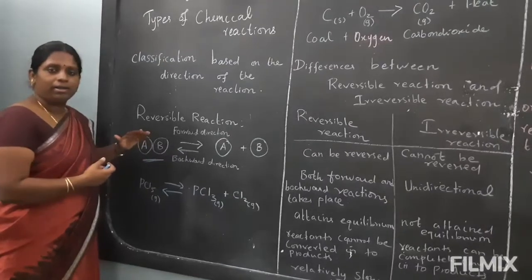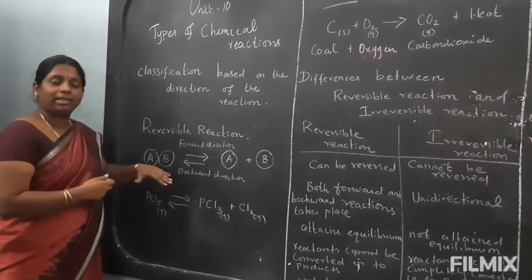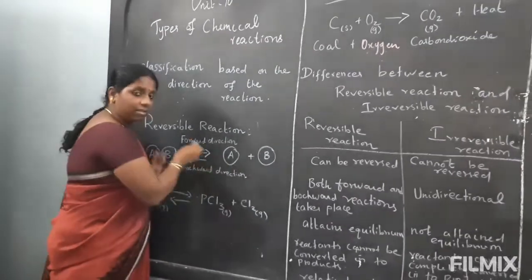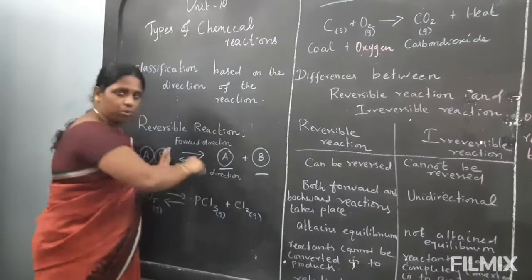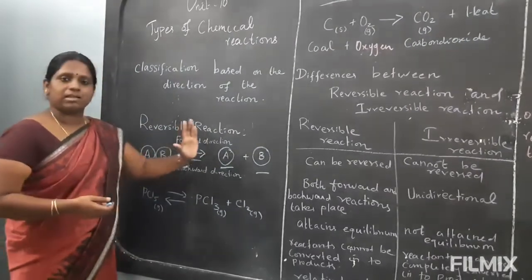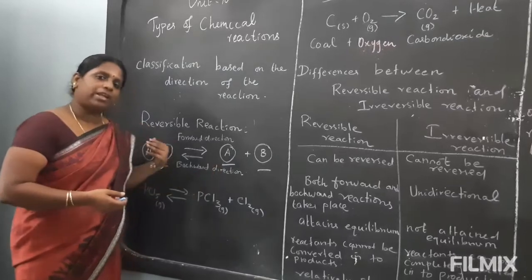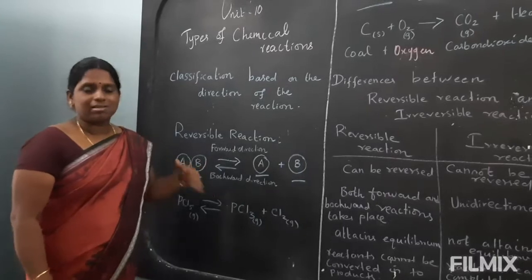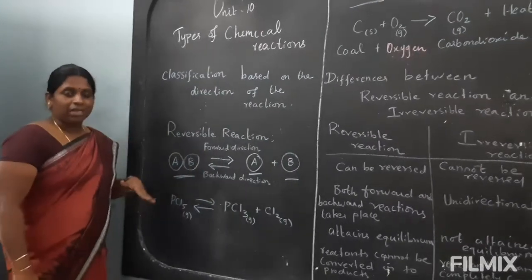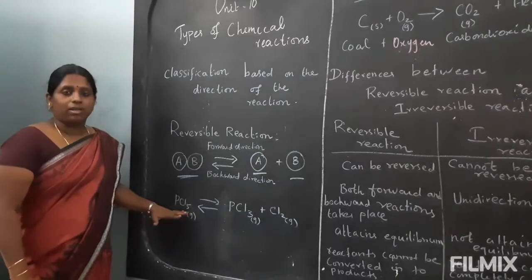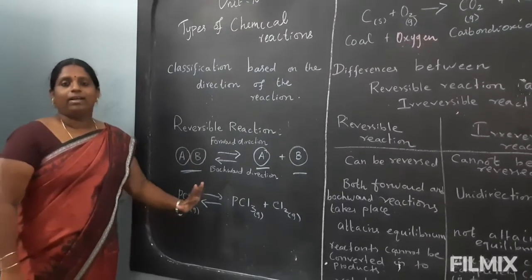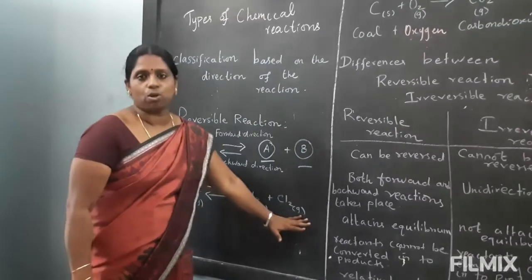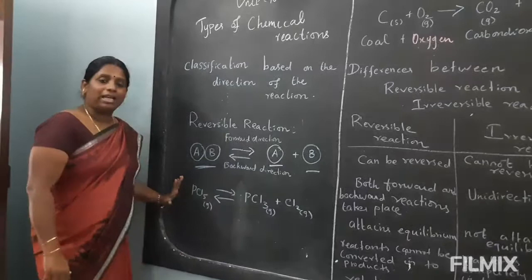In a reversible reaction, this compound can be split into two products, so AB is split into A and B. Let me see an example of a reversible reaction. Phosphorus pentachloride can be split into phosphorus trichloride plus chlorine. So this is a reversible reaction.